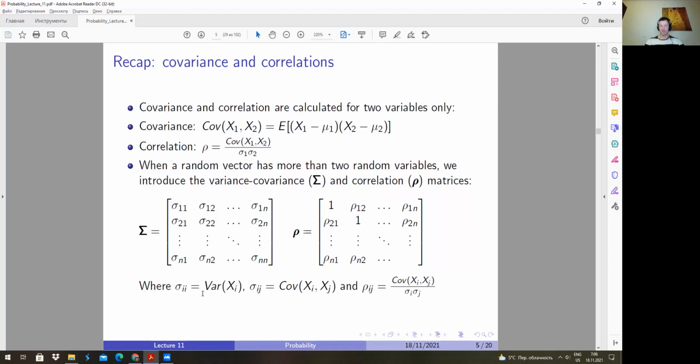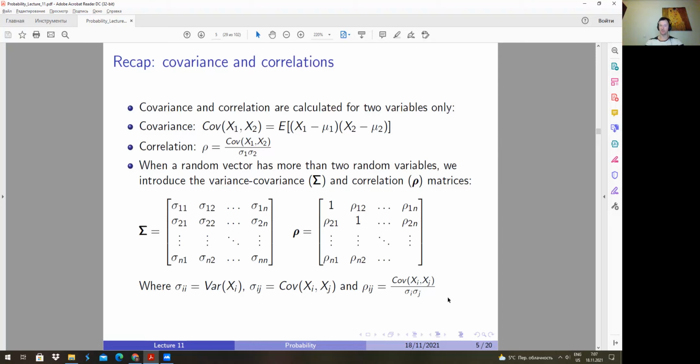So yes, here is the explanation. Sigma ii is the variance of variable xi, sigma ij is the covariance of xi and xj, and rho ij is the correlation coefficient of variables xi and xj. So this is the brief recap of what we already know, and a small extension to the case of several random variables, more than 2.